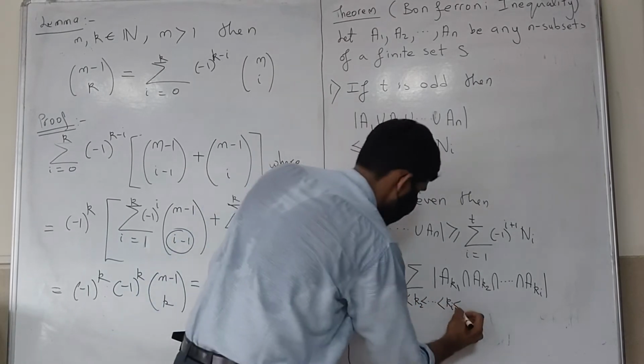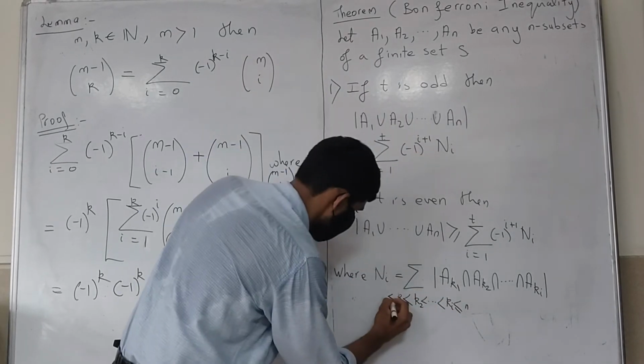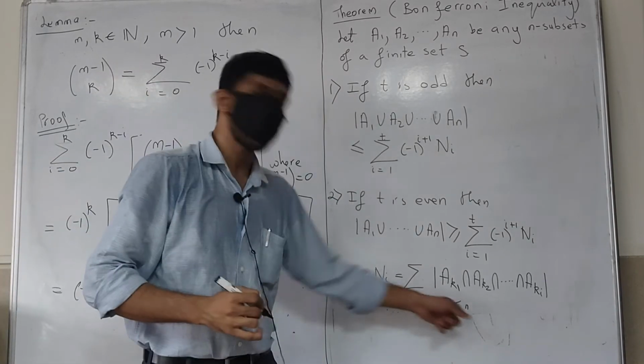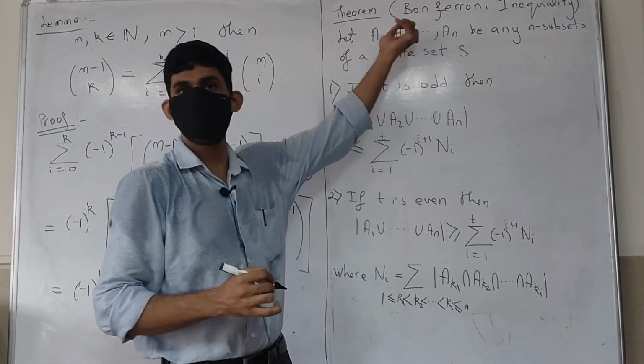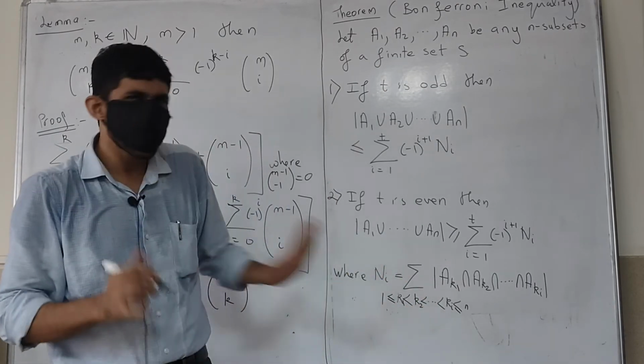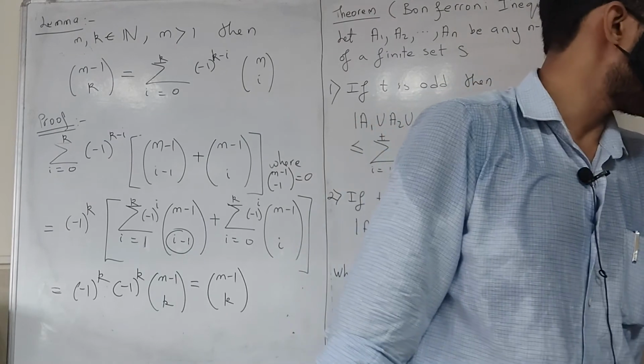This does not exceed n, since these k1 up to ki are numbers coming from 1 to n. I hope this is clear. What this Ni is, is the only thing which might be confusing, but if it's clear then it's fine.